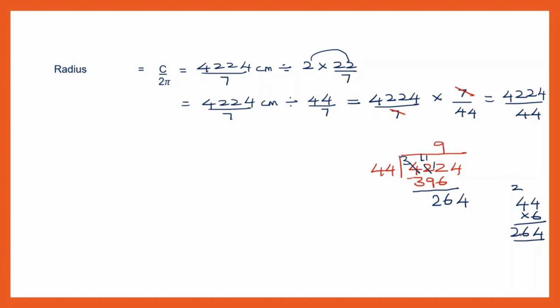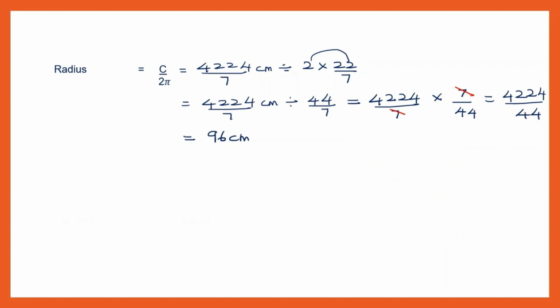Yes, we've got 264. So 44 into 6 is 264. Now when you subtract, you get 0. So now we've got 96. So we have found the radius to be 96 centimeters.